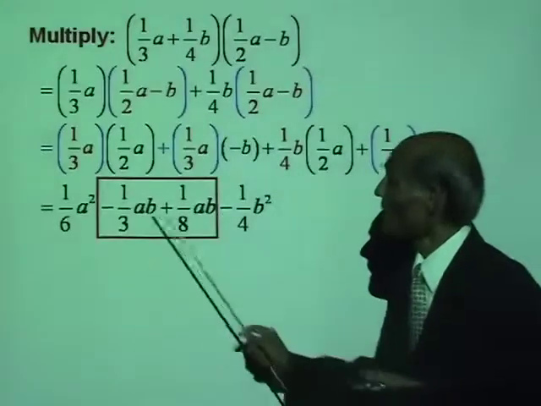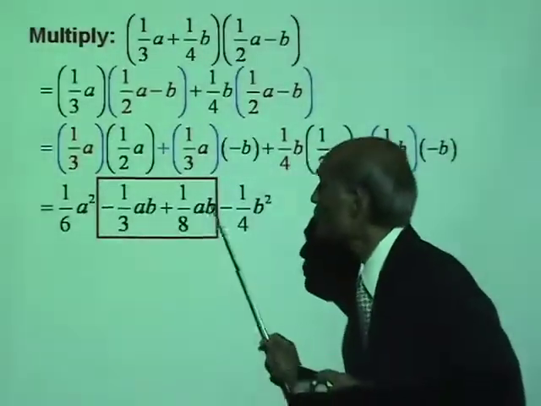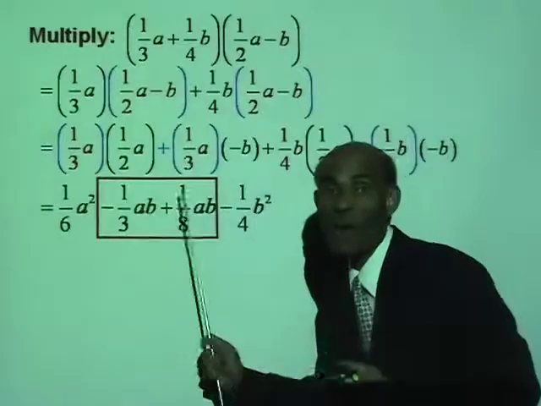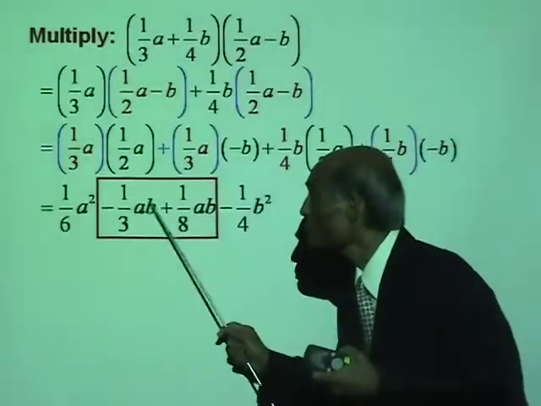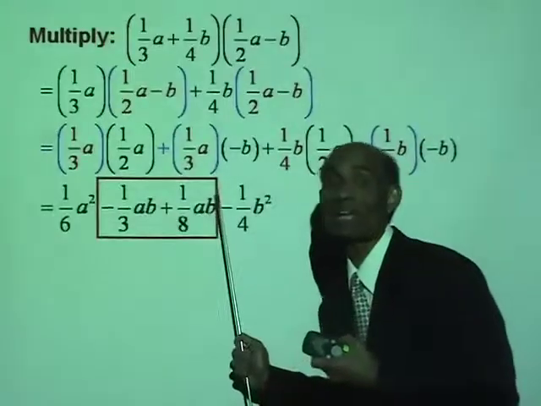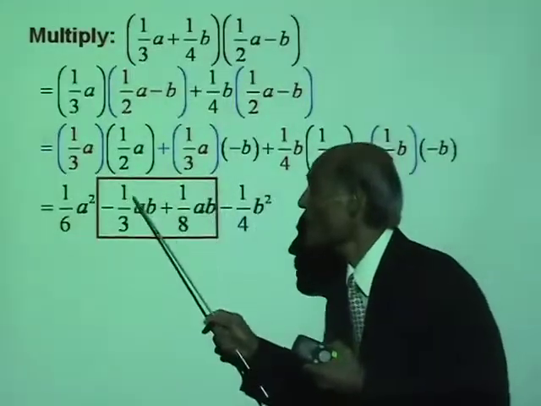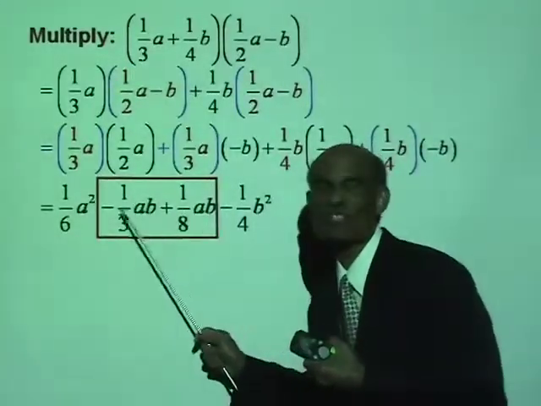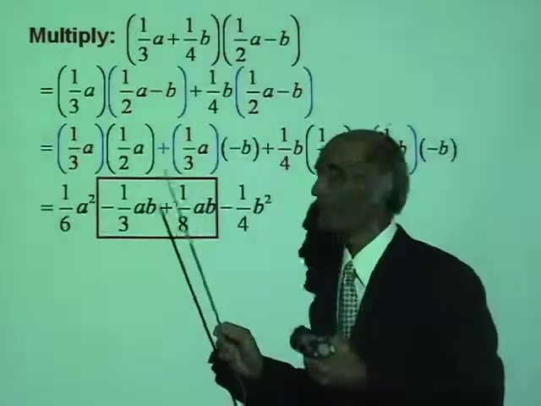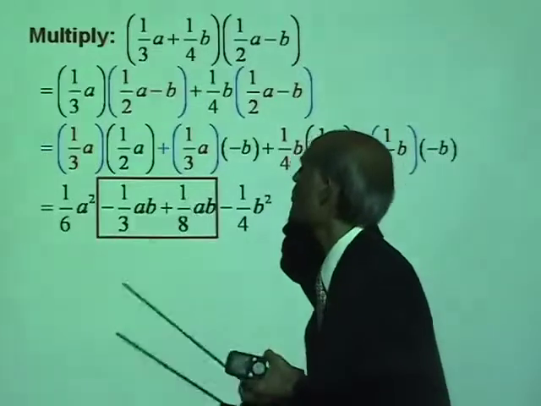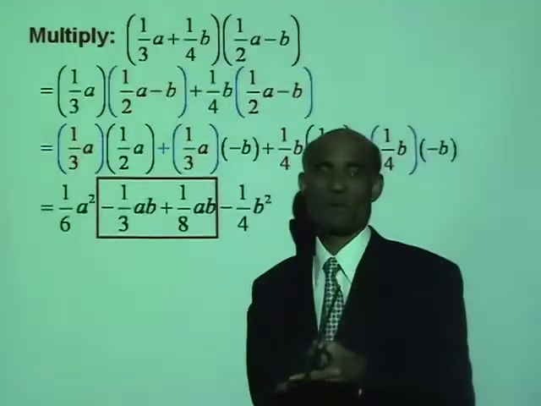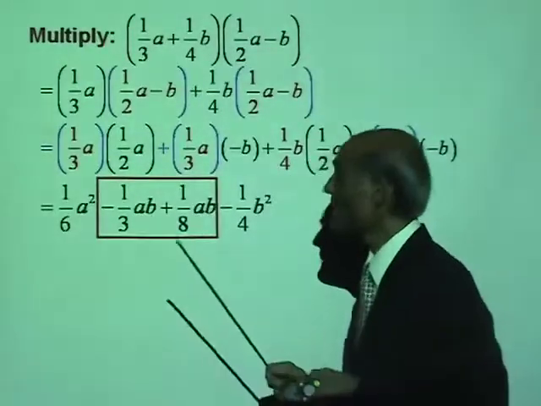Alright, now we need to add this. You see, they are like terms. How are they alike? Because they are both terms in ab. That means we can now add their coefficients. Now, can you add negative 1/3 to 1/8? Well, let's do that in the next step.